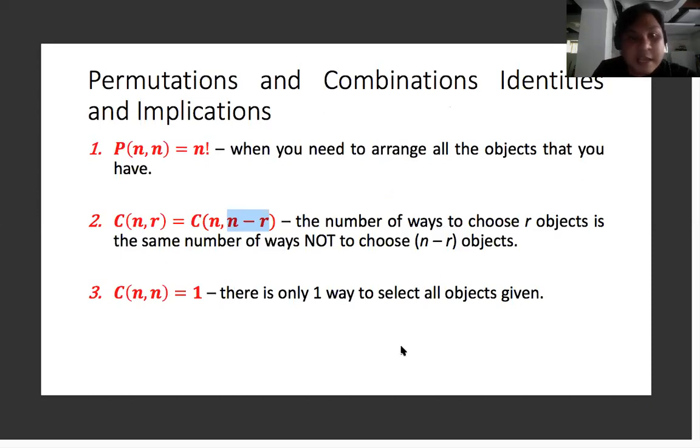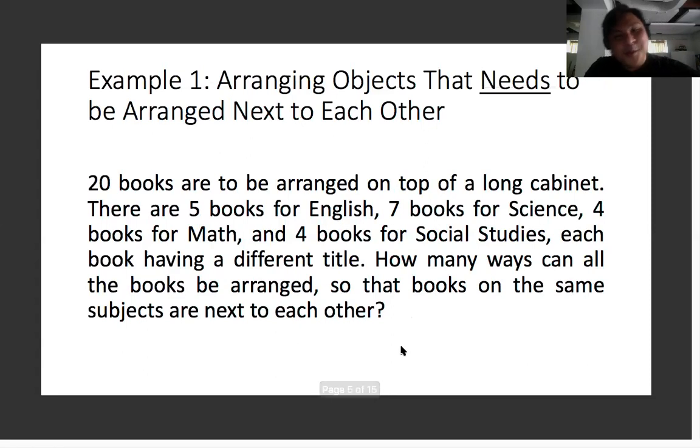All right, so I think after this, we're going to now see the first example. Let's look at it. Okay, so the first example is arranging objects that need to be next to each other.